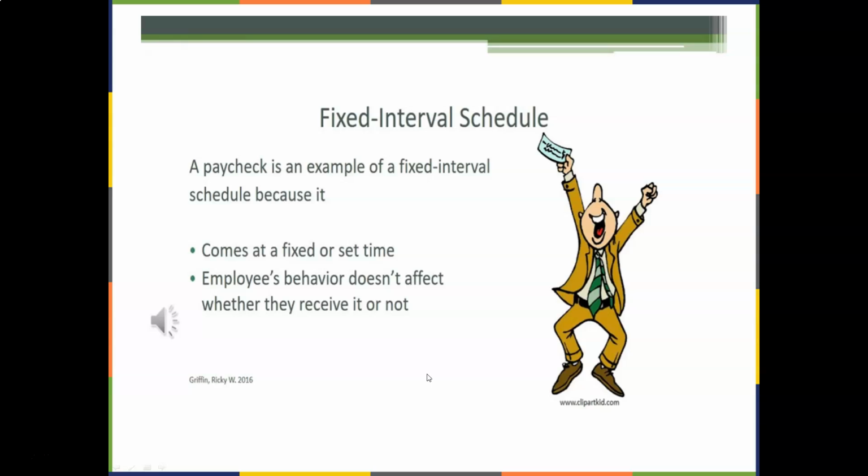Let's just take a look at an example. A fixed interval can be a paycheck. For those of you who get a regular paycheck, take for instance every 2 weeks. Well, that is a fixed interval, every 2 weeks.